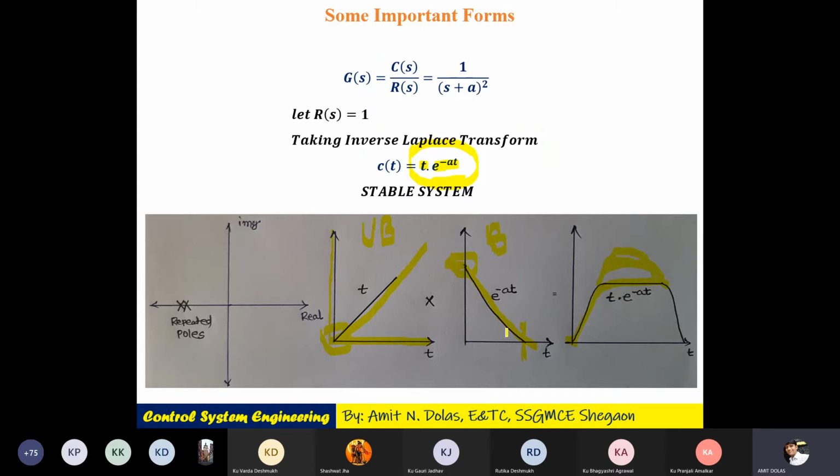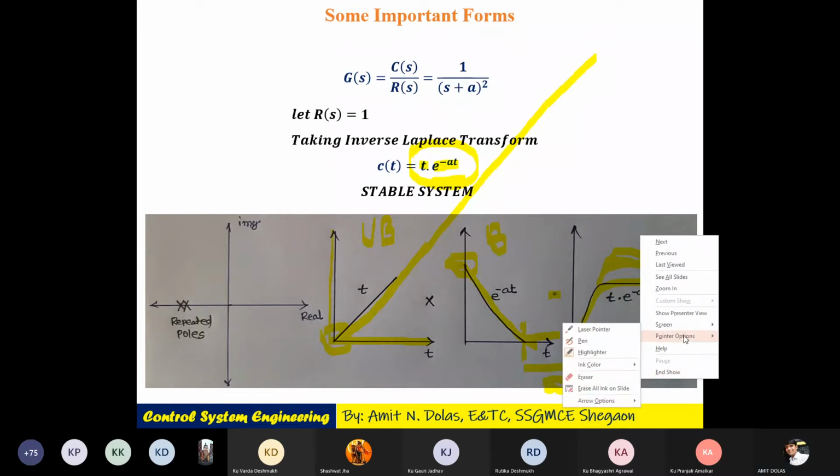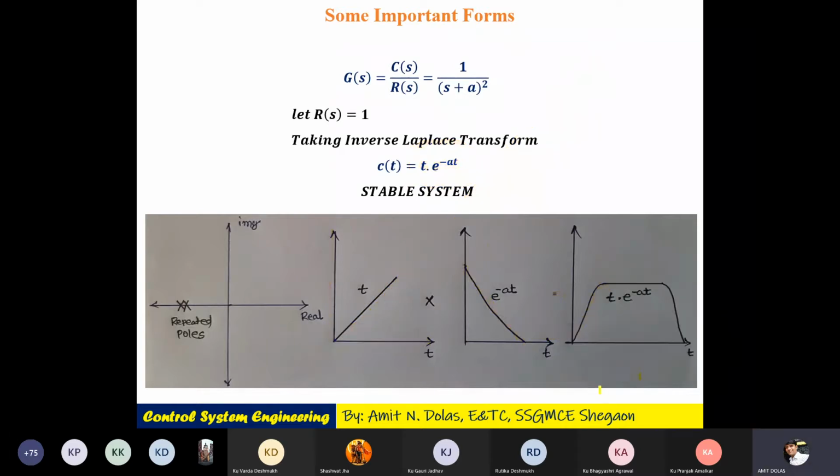But here you can see after the exponential decay is completely over, it is 0. And though your first signal T is moving towards infinity, that will get multiplied by 0. So further the output will be 0. So the final output, in combination of T into e raised to power minus AT, is this.